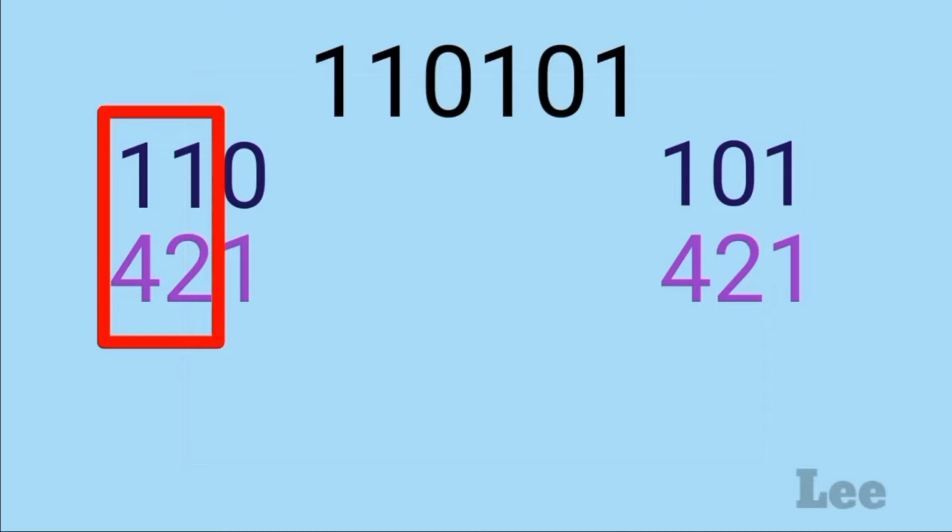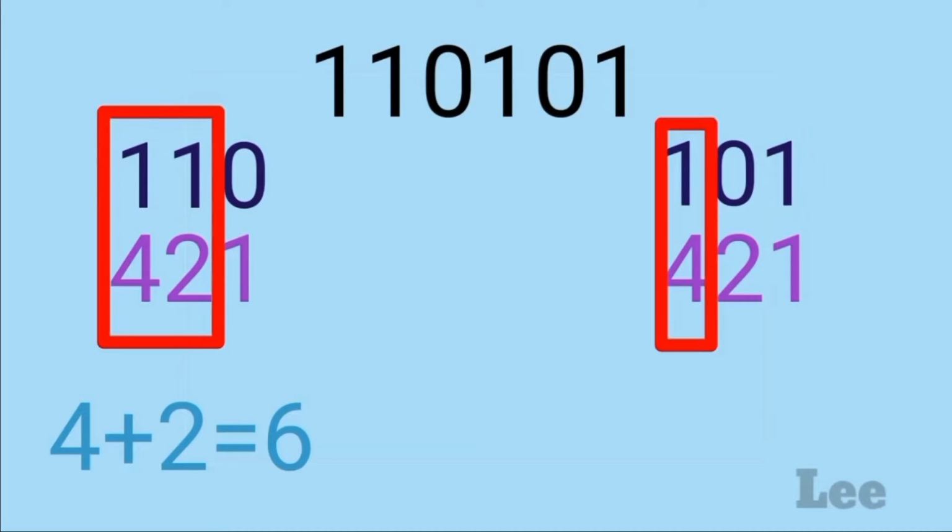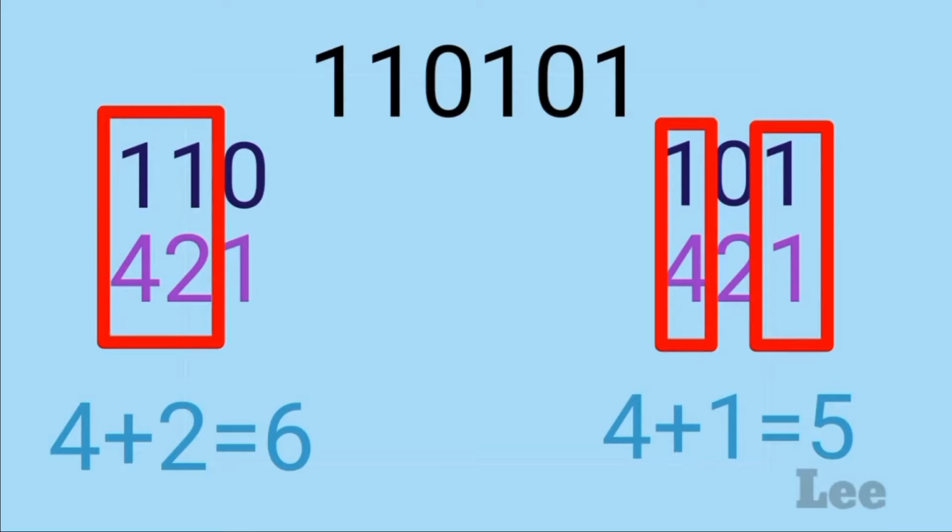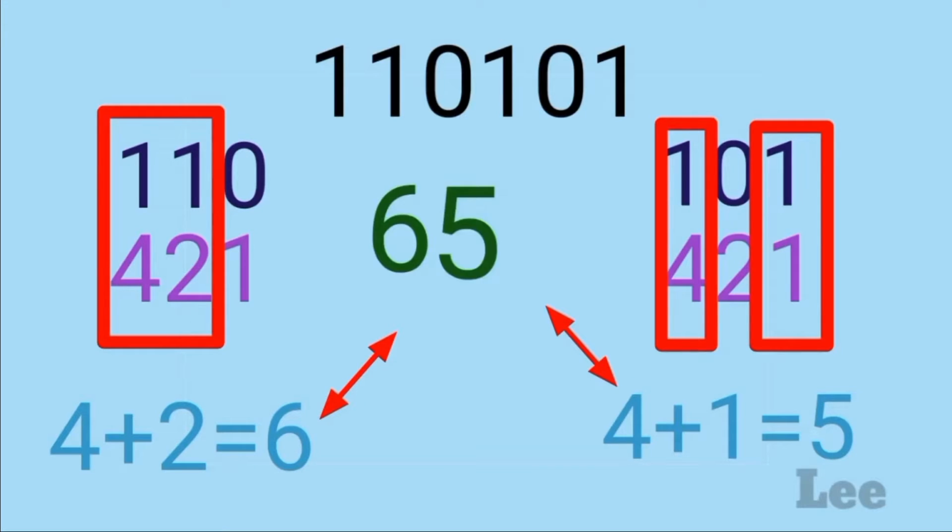If there is a 1 above any of your placeholders, write that number to start your octal number. After doing that, add the numbers. Now, place your newly converted answers together to form your final octal number.